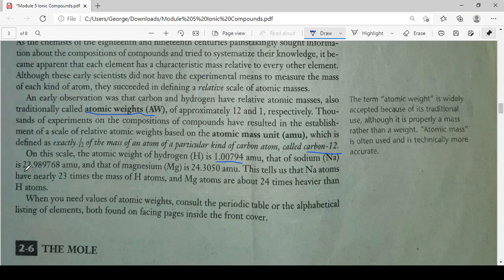So this tells us that Na atoms have nearly 23 times the mass of our hydrogen atoms. Ang Na is again sodium atoms. Ang H naton is hydrogen nga atom. So, kabugaton times 23 ang kabugaton ni sodium kaysa kay hydrogen, and your magnesium atoms are about 24 times heavier than your hydrogen atom.